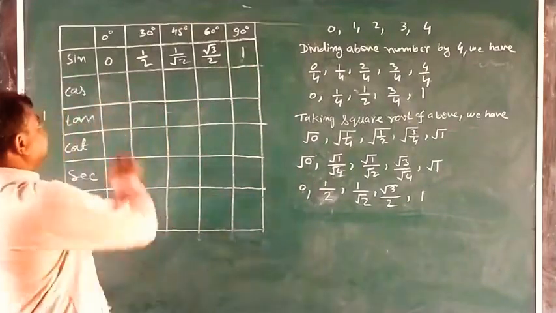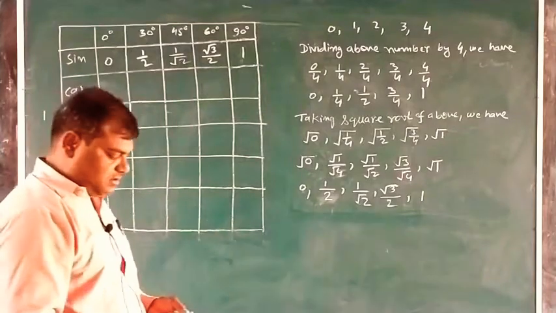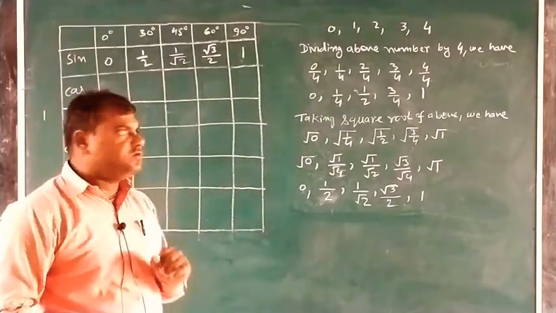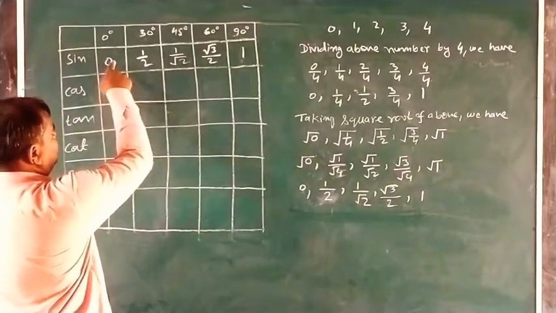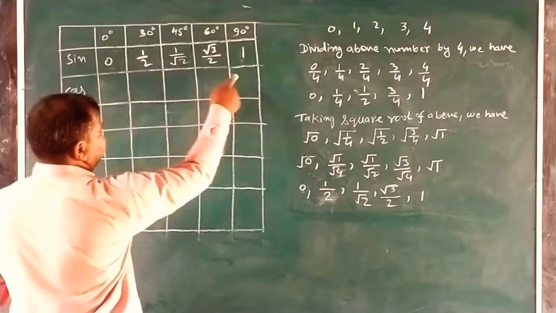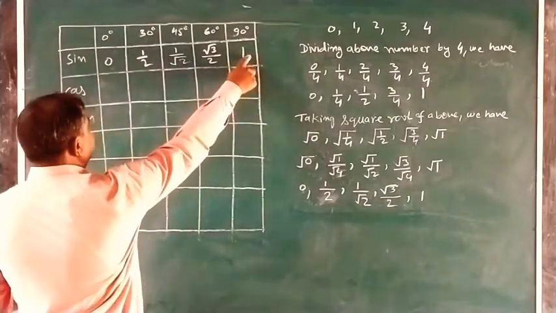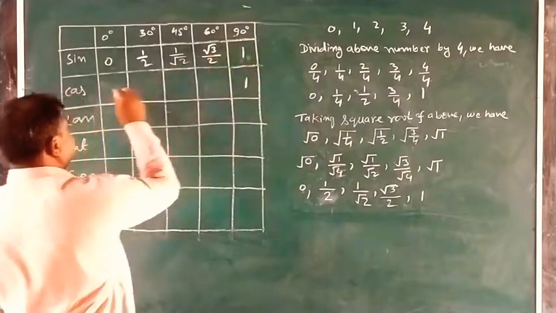And after finding all these values of sine, we will simply write the values of cos. How? This is the first value, and we are going to write this value last. This is the last value of sine, and we are going to write this value first.